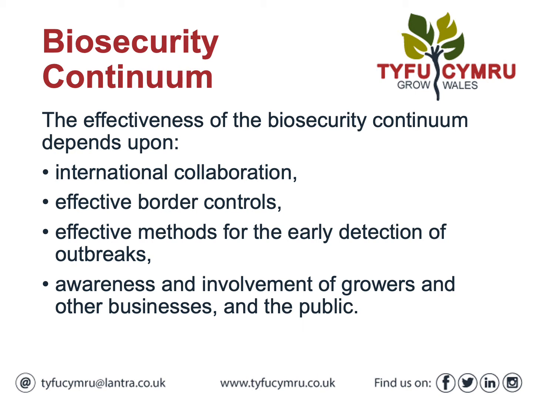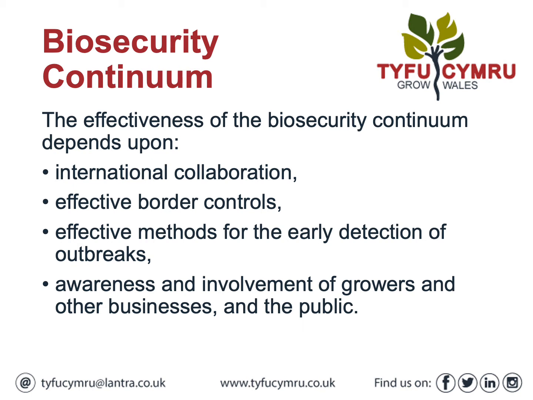So that strategy and the biosecurity continuum must be effective, and the effectiveness depends upon international collaboration, effective border controls and inspection, effective methods for the early detection of outbreaks, and the awareness and involvement of growers and other businesses and the public.